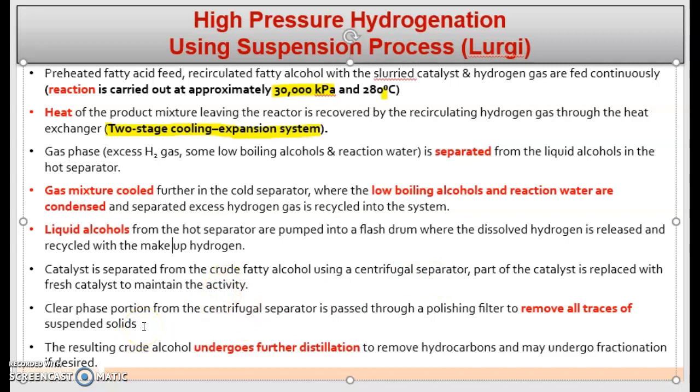The clear phase from the centrifugal separator is passed through the polishing filter to remove all traces of suspended solids. The resulting crude alcohol then undergoes further distillation to remove any hydrocarbons and may undergo fractionation if desired.